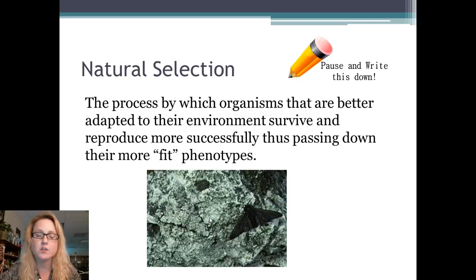The camouflage only works against the right background. The birds are more likely to eat poorly camouflaged moths, and therefore they have a lower fitness. For example, this black moth over here has a poorer fitness because he stands out. So he's going to be eaten first, and therefore he's going to reproduce less and not pass on this black peppered trait.